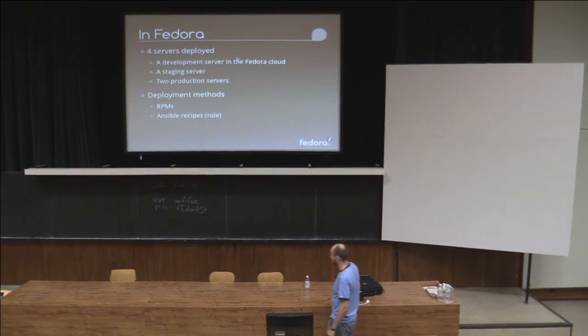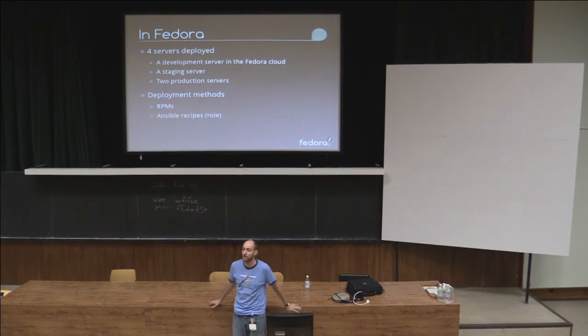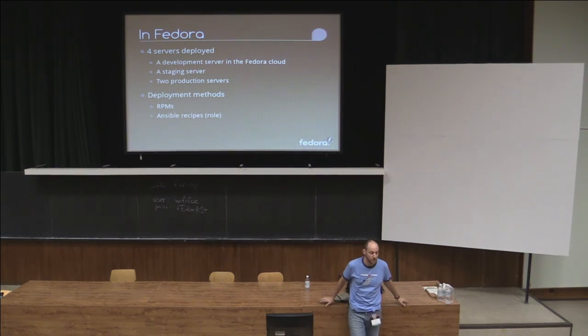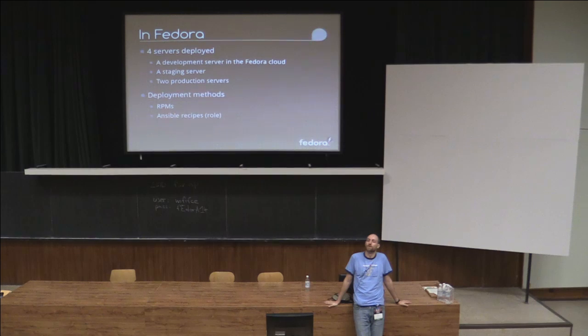In Fedora, we have started deploying Hyperkitty. We have 4 servers which are now deployed. The development server, but that's not very interesting. A staging server which holds a mirror of the current mailing lists. I'll give you the URL afterwards so you can test it.